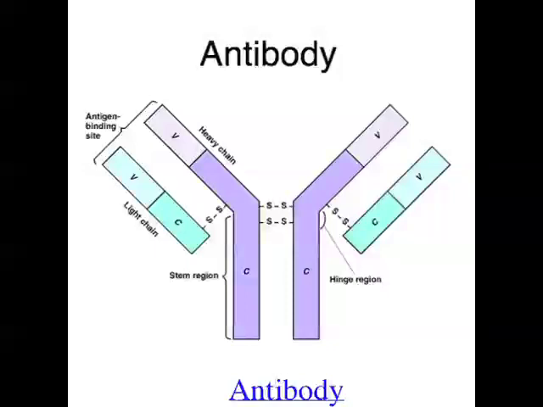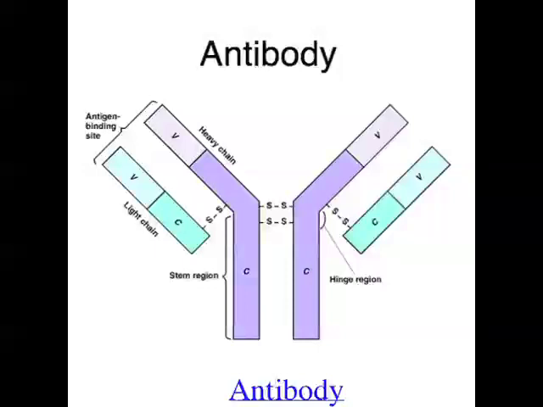Antibodies have a very specific structure. It's kind of like a Y shape. The Y shape's made up of basically 4 polypeptide chains, and each different antibody has a different antigen binding site. So a specific antigen will only bind to a specific antibody on a particular B cell.